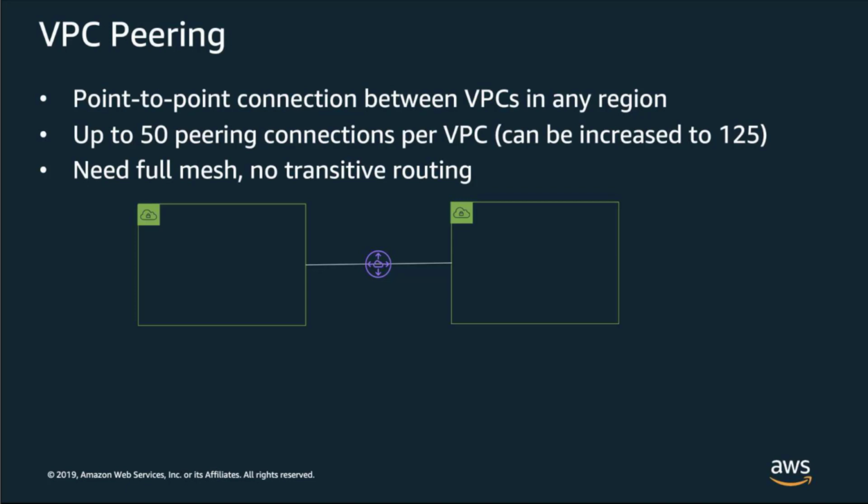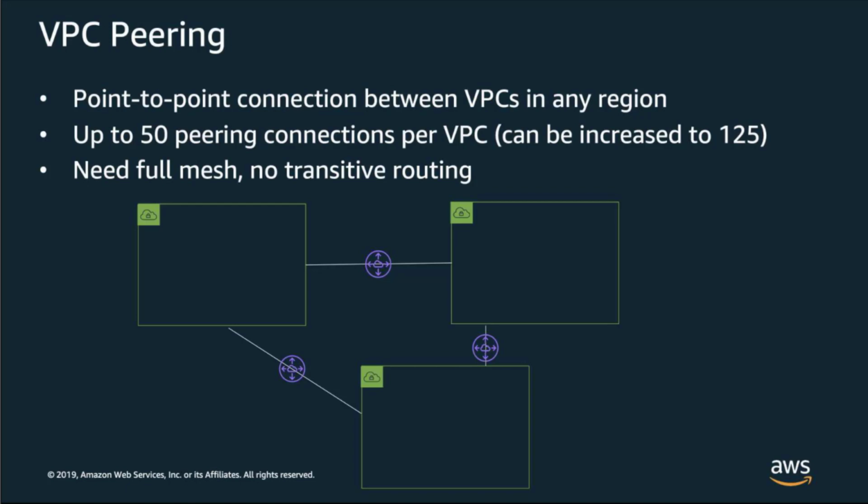Where this starts to break down and become more complicated is when we want to connect a lot of VPCs. So in this simple example, doing two VPCs, pretty straightforward, and this scales out fairly well. Now let's say we want to add in a third VPC. We now have to add in 2 more peering connections, and we also have to update the route table on all 3 VPCs. So for a small number of VPCs, it's easy to set that up and modify those route tables.